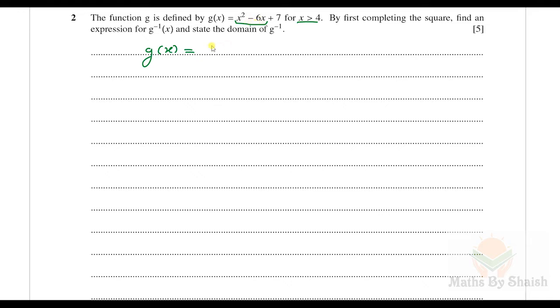So it would be (x − 6/2), that is (x − 3)², and you always subtract the square of this term, that is 3². So it is 3² and +7 as it is, which can be written as (x − 3)² − 9 + 7, that is (x − 3)² − 2. So that is g(x).